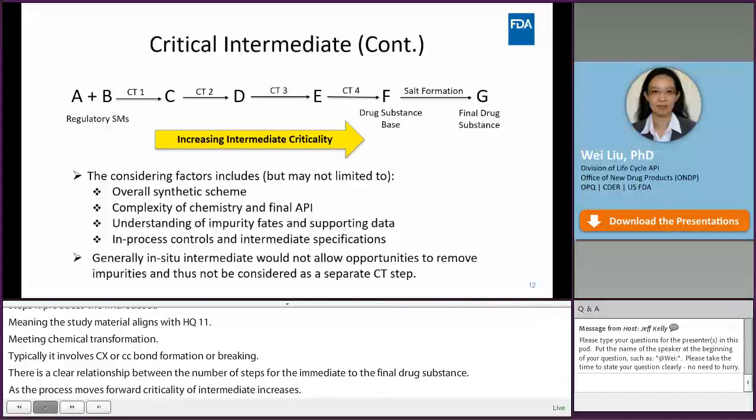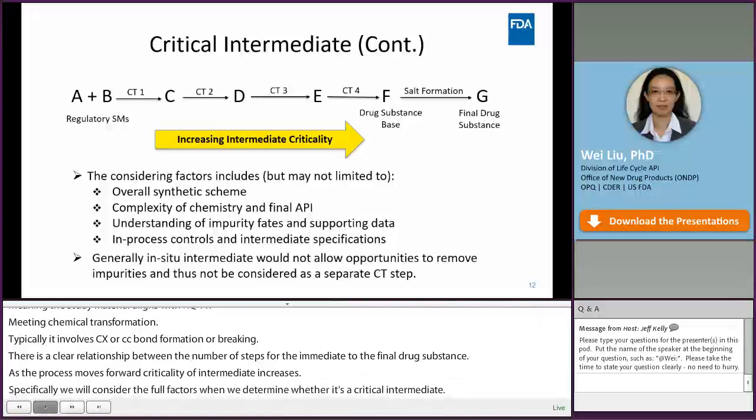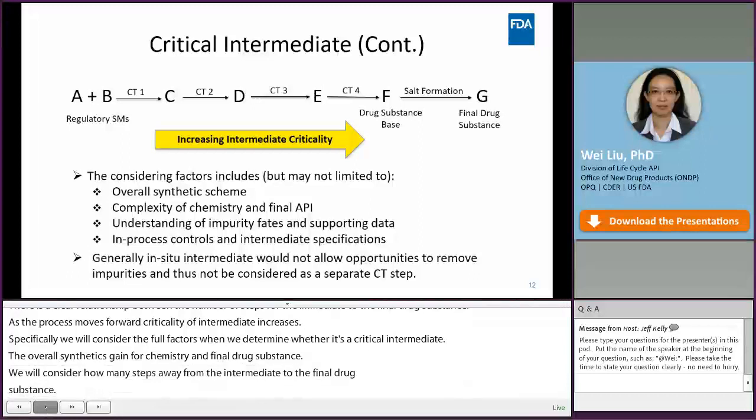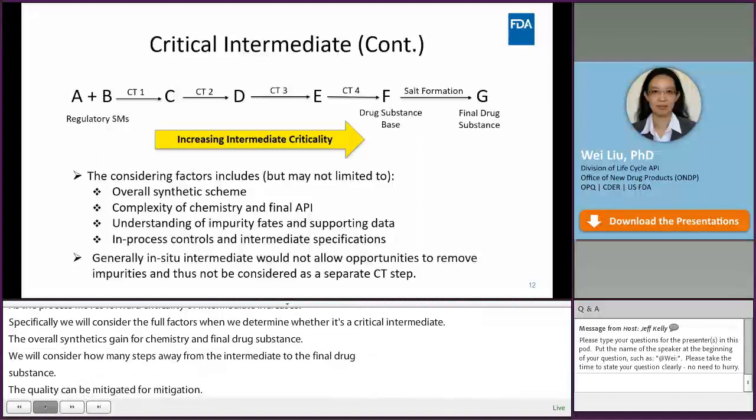First, overall synthetic scheme and the complexity of chemistry and final drug substance. We will consider how many steps away from this intermediate to the final drug substance, and whether the drug substance quality can be mitigated through the intermediate specification. If there are no adequate isolation steps from the intermediate to the final drug substance, the intermediate will be considered critical.